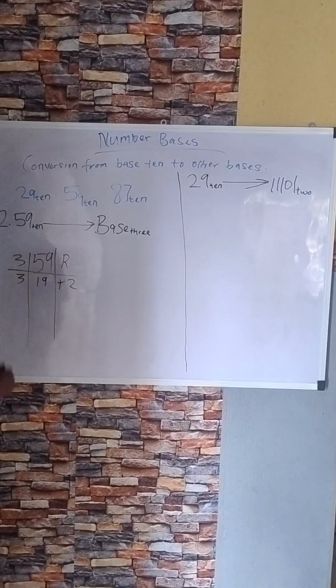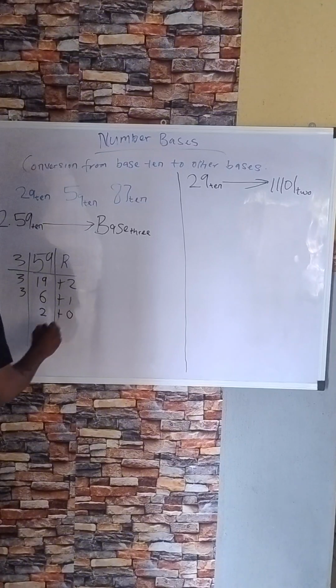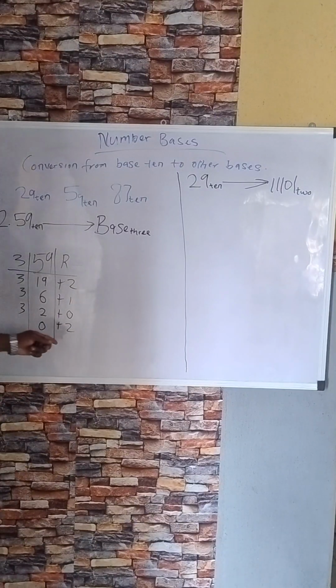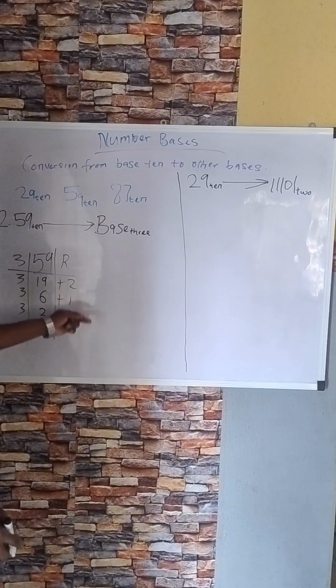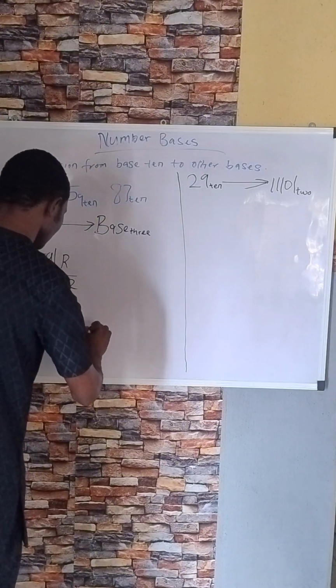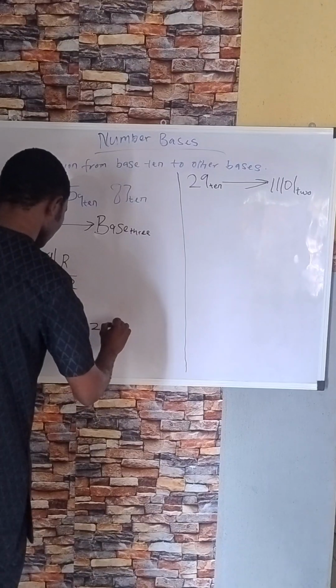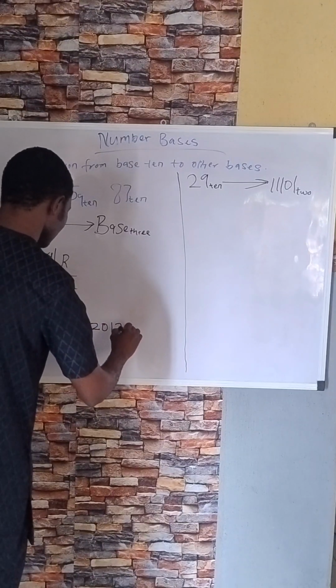Let's bring down our 3 again. 3 in 19 will give us 6, remainder 1. So let's bring down our 3 again. 3 here will give us 2, remainder 0. And then 3 here will give us 0, remainder 2. So let's write it out from the bottom to the top, and that will be our answer. 2, 0, 1, 2 base 3.